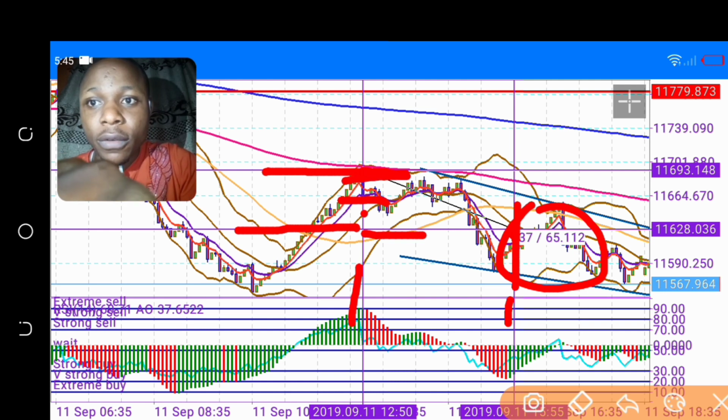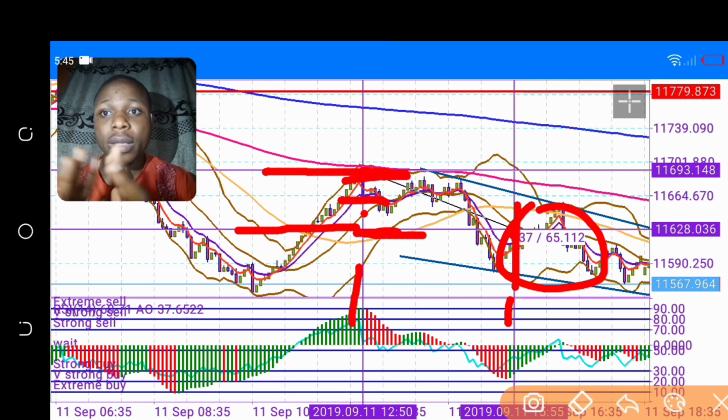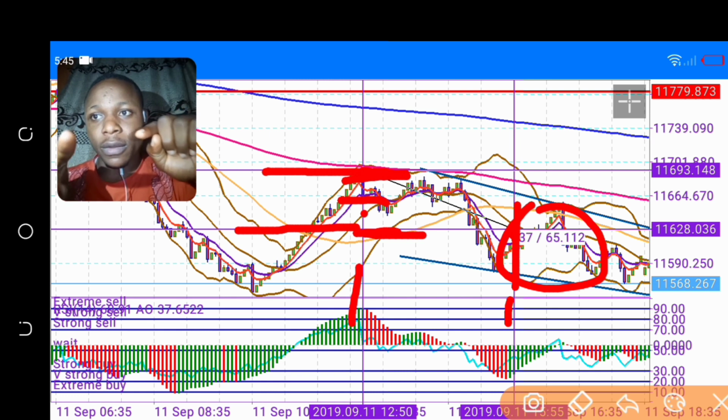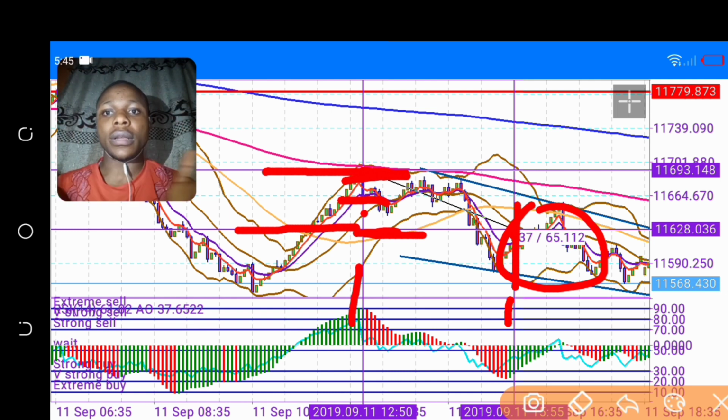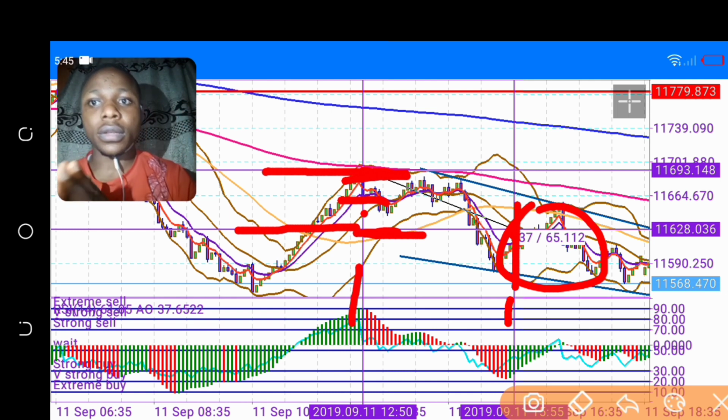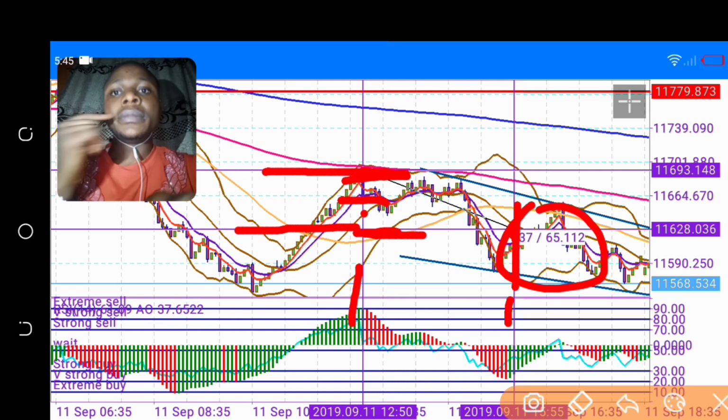So that's the easiest way you can calculate pips. Very easy. First, select your cursor, adjust it to the start of the candle, then use the second finger to touch anywhere on your screen, then use it to adjust the second line to the close of the candle.